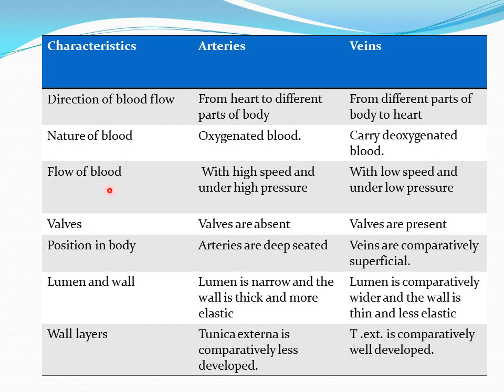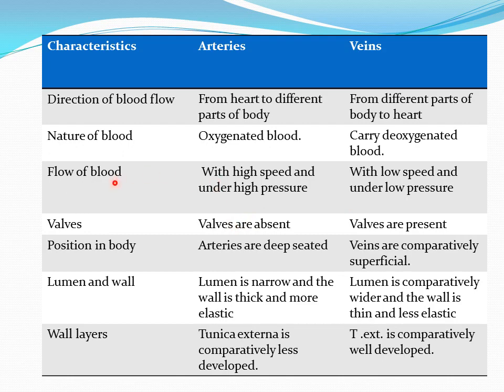Now the flow of blood in arteries: it flows with much higher speed and under high pressure. This difference between arteries and veins is very important for your ICSE. So please go through it and learn it as I have taught you, with the help of these characteristics. If you learn these characteristics, it will be much easier for you to make out the differences. So there is no need to learn these differences by rote; you will automatically find them out if you have understood the previous slides.